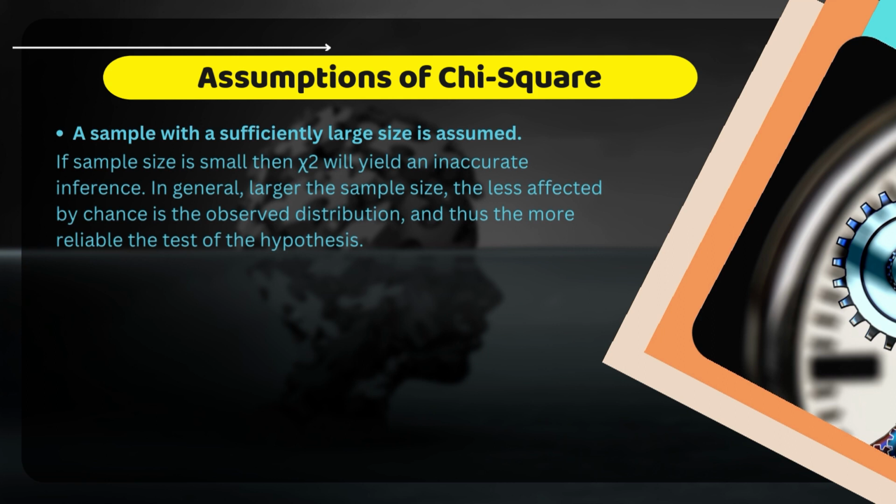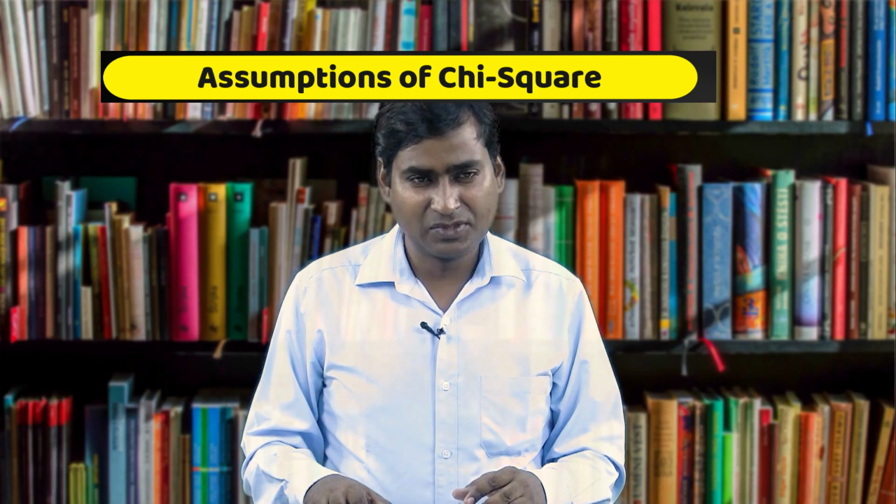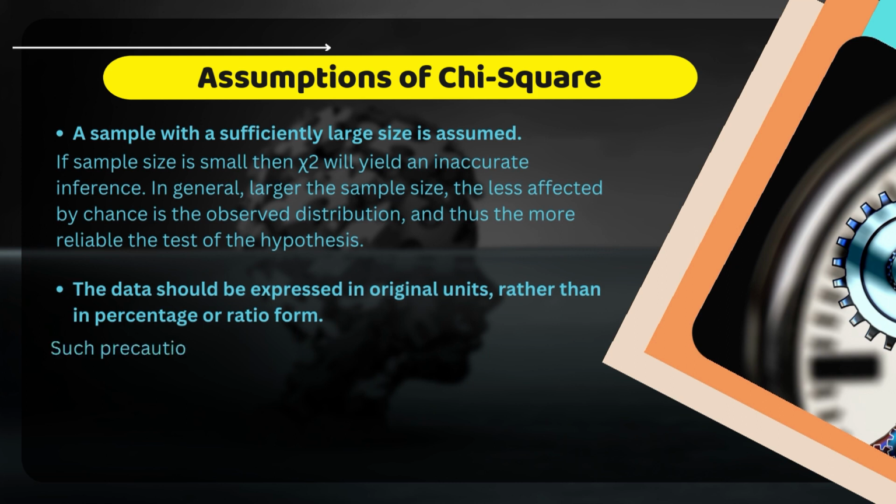In general, the larger the sample size, the less affected by chance is the observed distribution, and thus the more reliable the test of hypothesis. Next assumption is the data should be expressed in original units rather than in percentage or ratio form. Such precaution helps in comparison of attributes of interest. So, these are different assumptions of chi-square test.